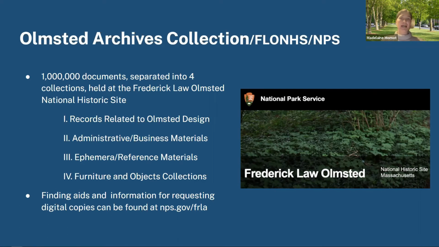You can contact the Olmsted Archives via email to request information and digital copies that are not readily available online, such as certain finding aids or digital copies of plant lists or job reports, all of which may be very helpful and critical to your full understanding of a job. Or when they are open to the public, you can actually set up an appointment to view the materials in person.